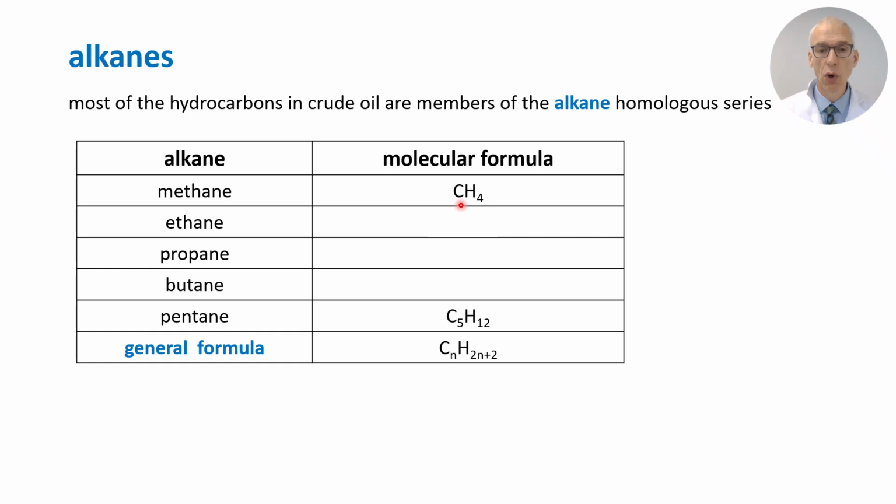Methane, n is 1, so 2n plus 2 is 4. n is 2 for ethane, so 2 times 2 plus 2 is 6. 3 times 2 is 6 plus 2 is 8, and 2 times 4 plus 2 is 10. You are expected to remember the names of these homologous series.